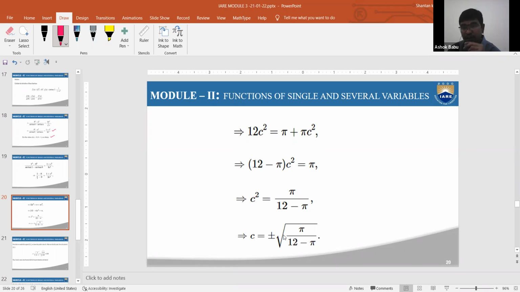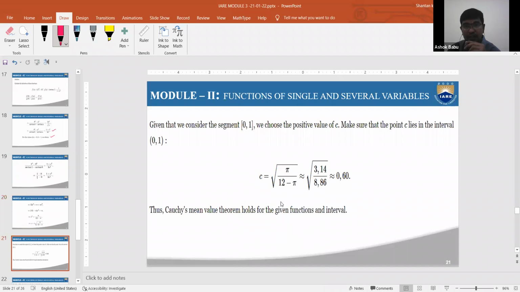Using the pi value, it is 0.60, which clearly lies in between 0 comma 1 only. Therefore, Cauchy's mean value theorem is verified.